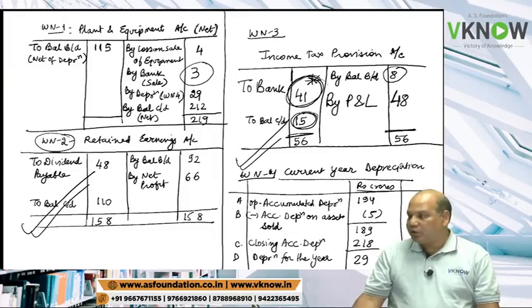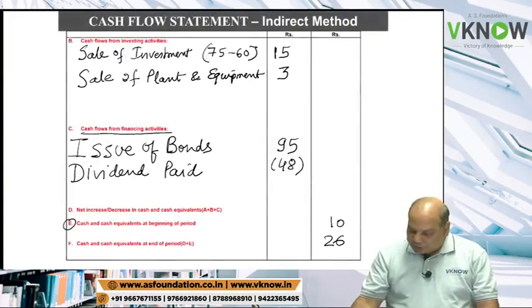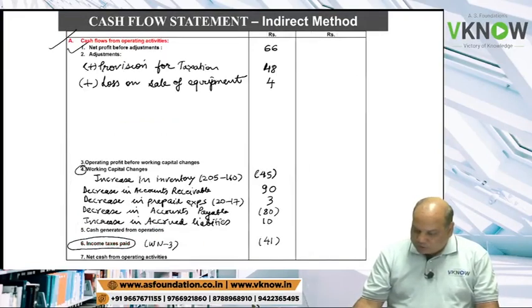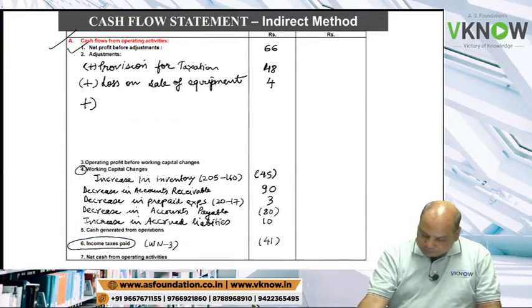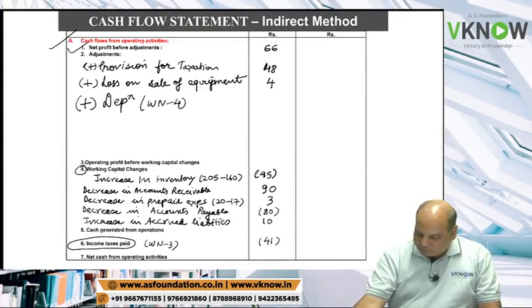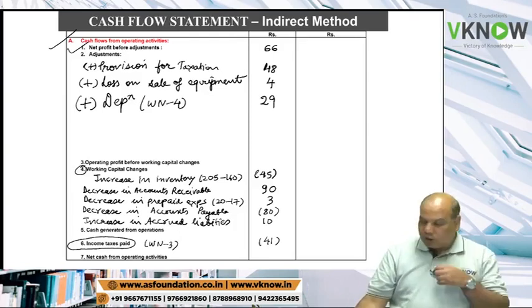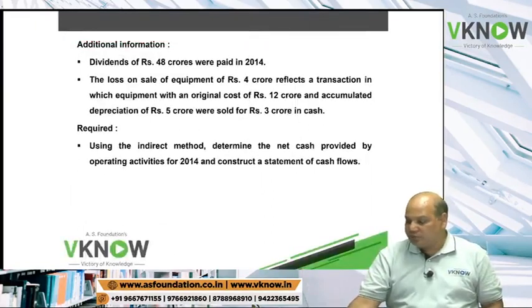Let us go to the adjustments also. In adjustment, write down: add depreciation, working note 4, 29.